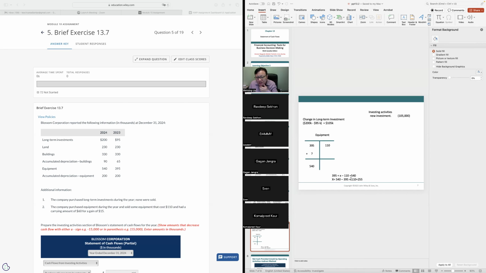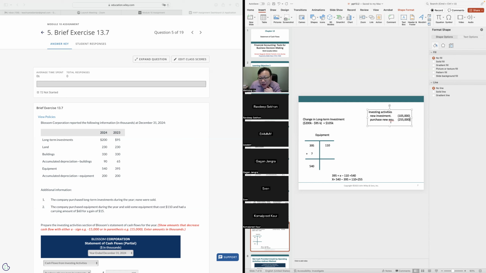So you purchase that equipment. That cost is 255. That's going to cost you money, right? So you're going to have purchase of new equipment. This is going to cost you 255,000. What else should be part of this?